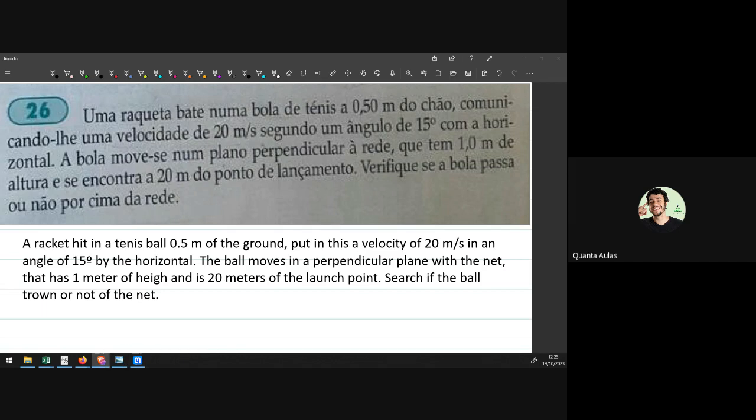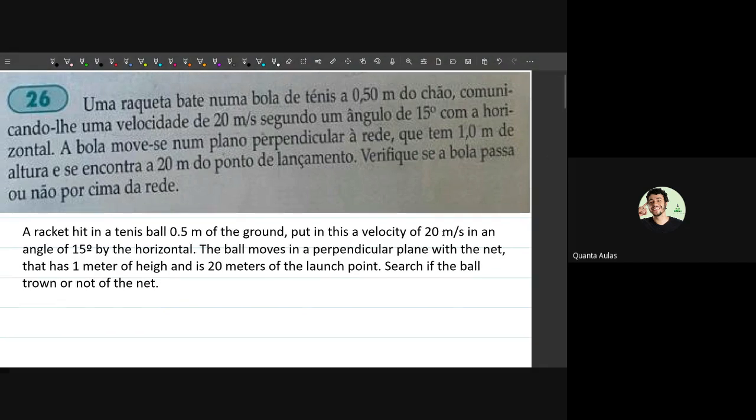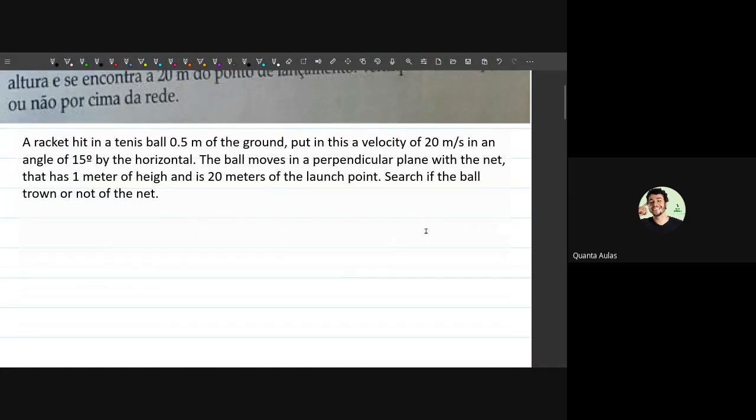So again, you need to use those equations. So again, we need to draw the graph of the problem. I will do this here.